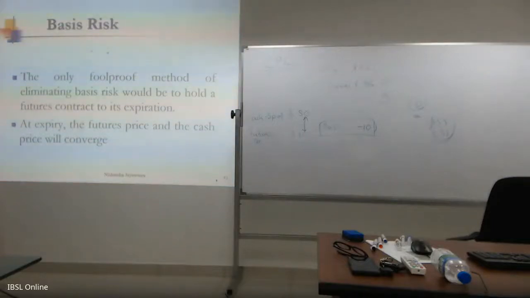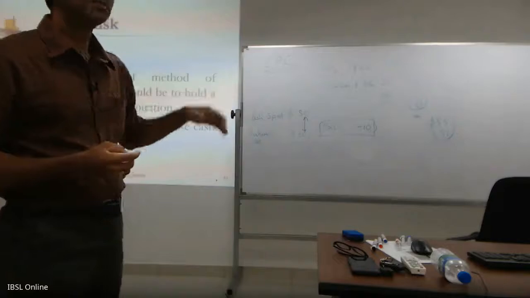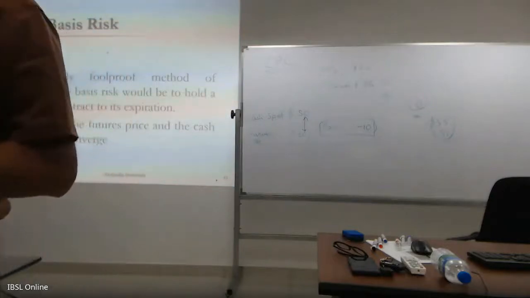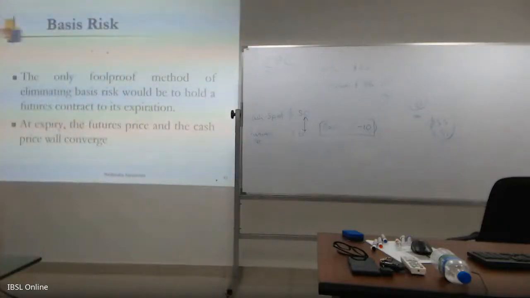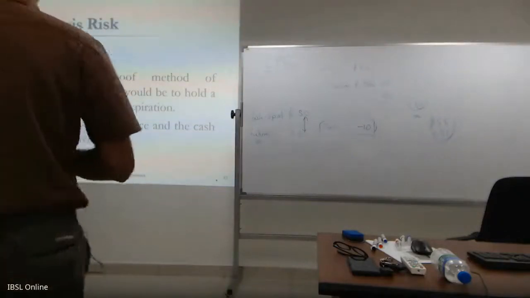Whenever we want oil on 15th December, we have to close the futures contract, and by that time we may not get what we expected at the beginning. So that is called basis risk.